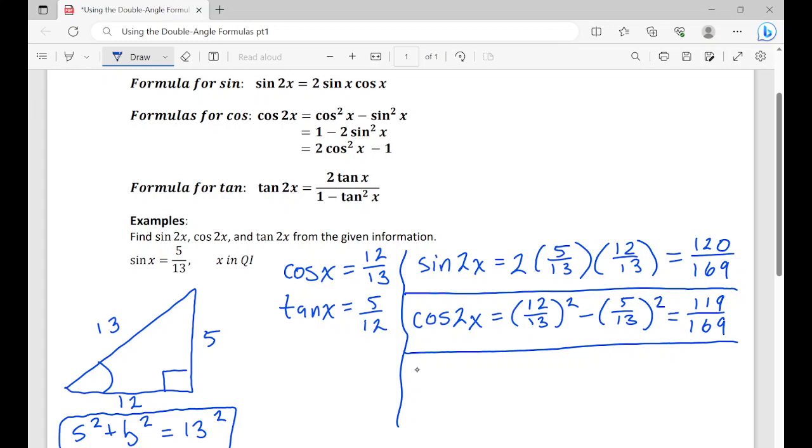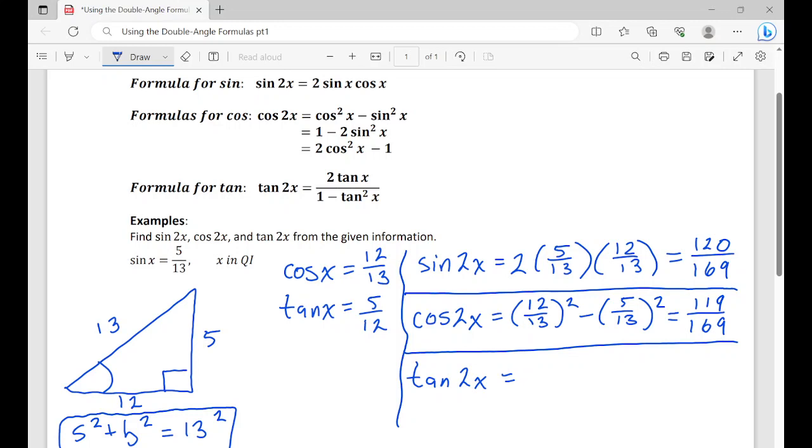Now last, I'm going to do tangent of 2x. Now I can do one of two things. I can use this formula here, and plug in 2 times 5 over 12 all over 1 minus 5 over 12 squared. Or I can use the fact that tangent 2x is just sine over cosine, which means I can use the results here.